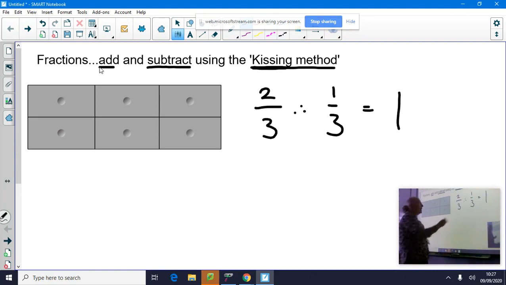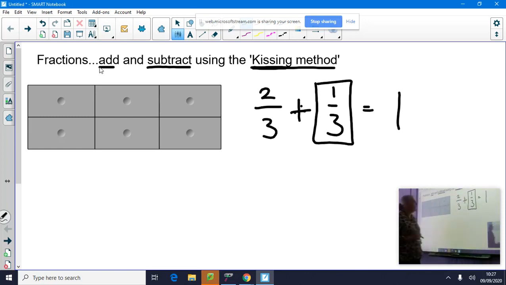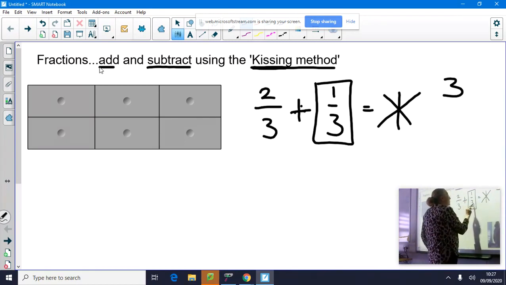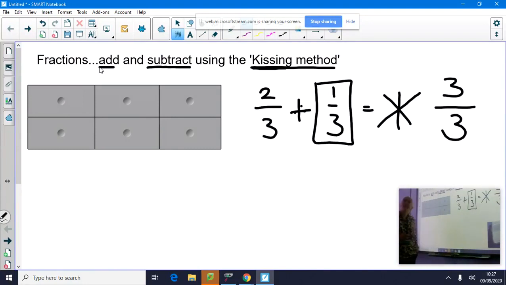Why? Why would I need that to add to that? Why would that make 1? Yeah. 2 plus 1 is 3. Let's just cross that out a minute. And the denominator's the same, so it stays the same. 3 divided by 3 equals 1.